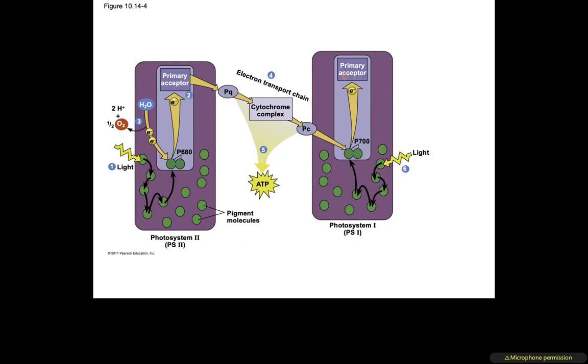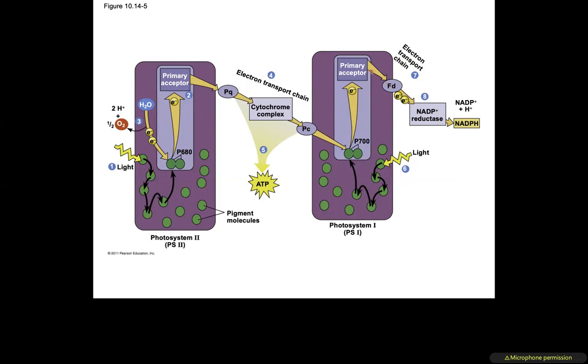The primary acceptor molecule is going to take them and send them down a little mini electron transport chain. I'm going to be honest with you, when we are discussing the electron transport chain, we are talking about this, okay? This is just a little mini one. It's usually not our main reference one.